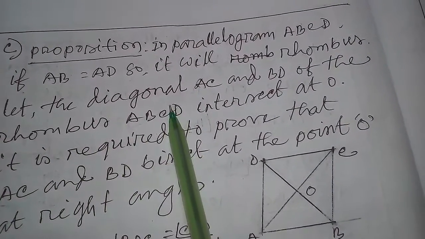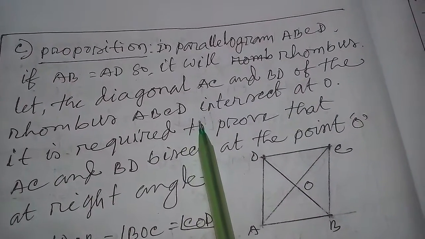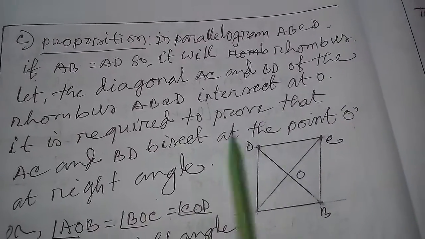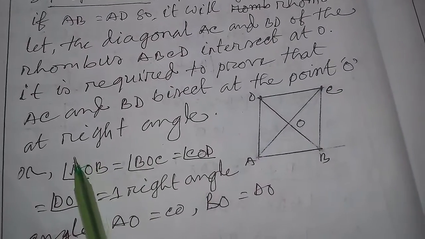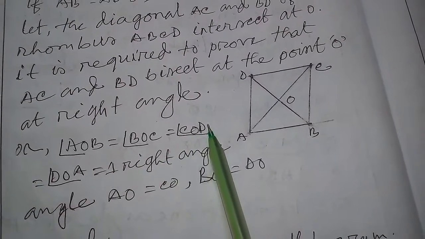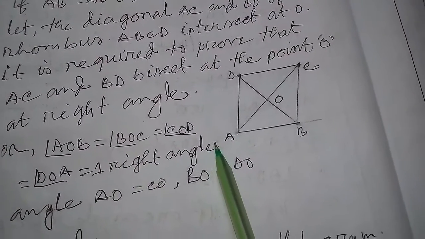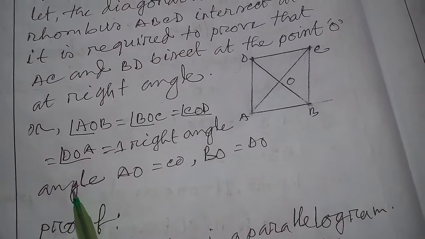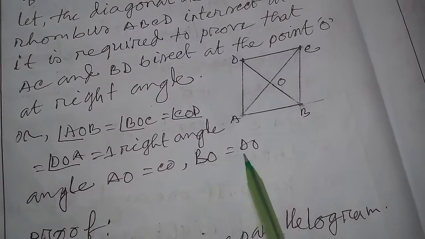Let the diagonals AC and BD of the rhombus ABCD intersect at O. It is required to prove that AC and BD bisect each other at the point O at right angle, or angle AOB equals angle BOC equals angle COD equals angle DOA equals one right angle, or two right angles, and AO equals CO and BO equals DO.